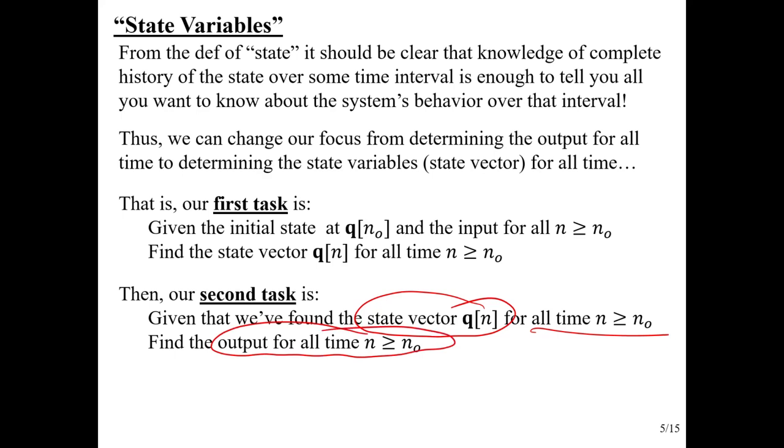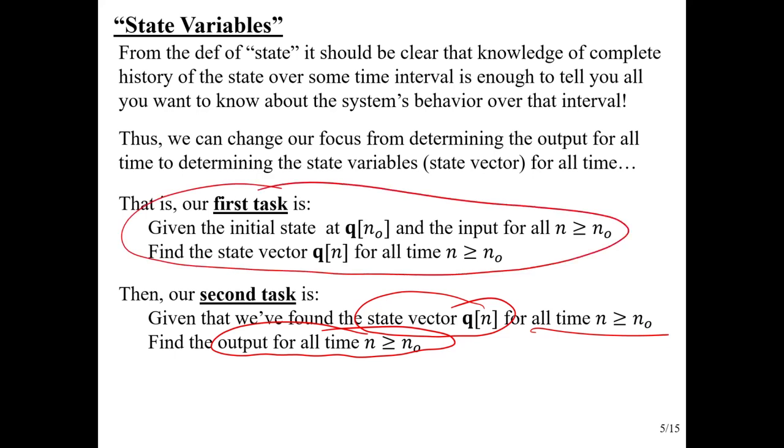And a cool thing is that when we do this first part, we don't necessarily need to know what part of the system we're considering to be the output. So suppose you have some complicated RLC circuit. You use the state view, the state vector analysis part, to figure out how the circuit is behaving internally.